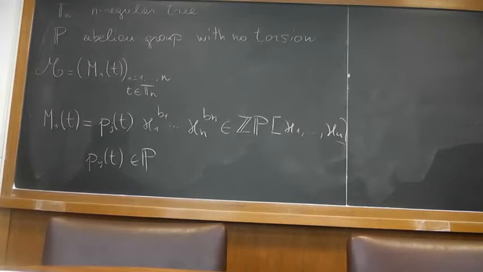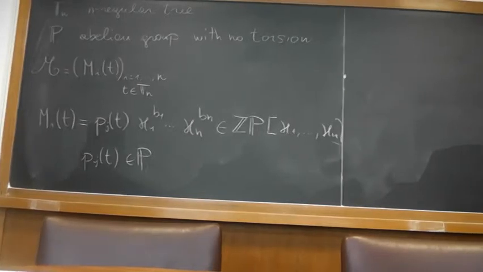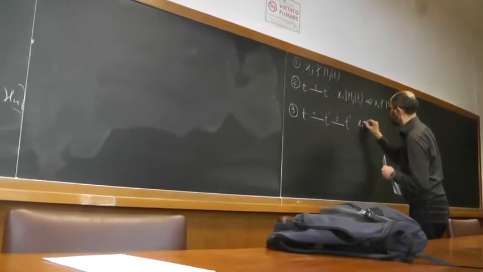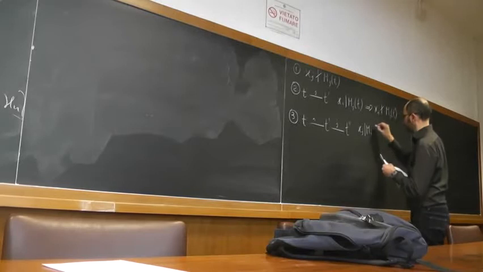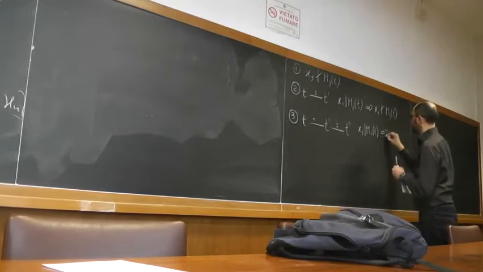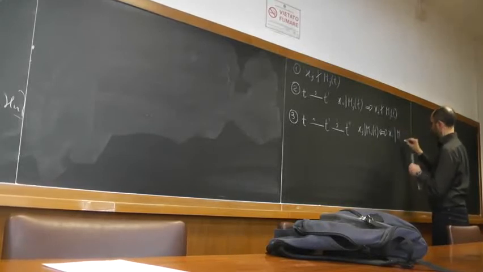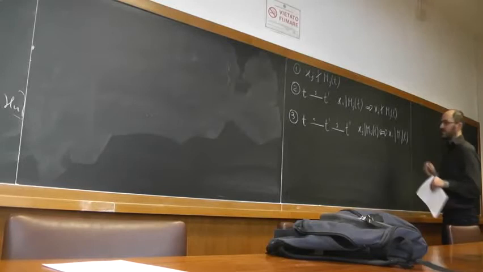Then axiom 3, I have 3 vertices. So the number of the axiom is related to the number of vertices involved. So this is t', t'', with labels i and j. And we have that xj divides m_{i,t} if and only if xi divides m_{j,t'}.